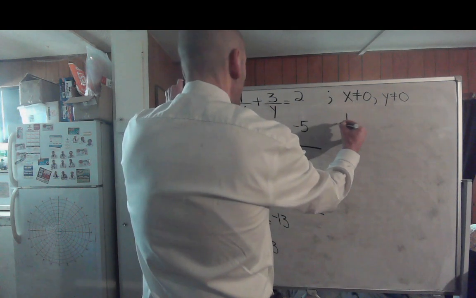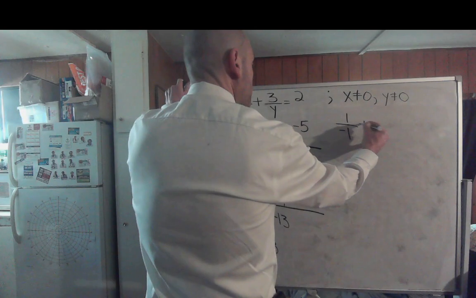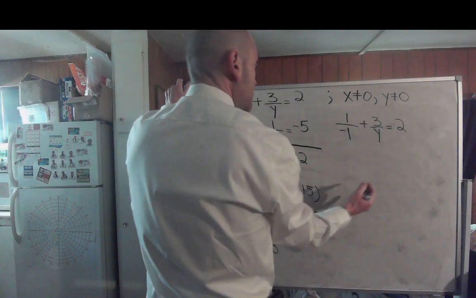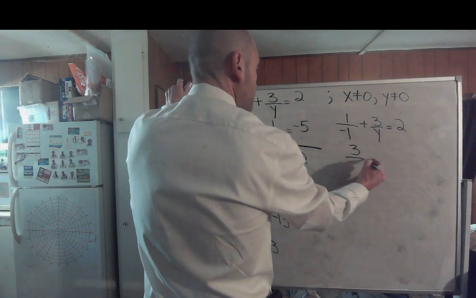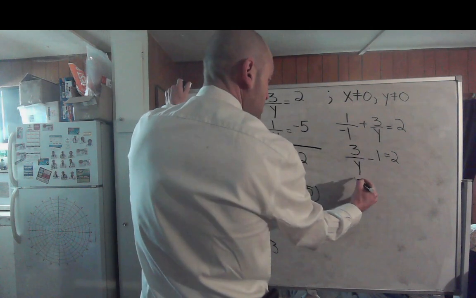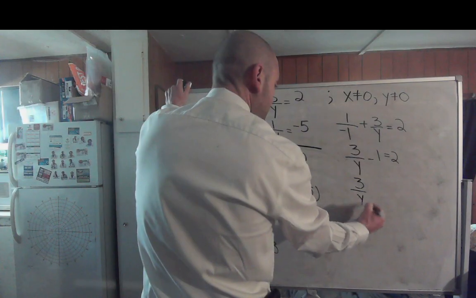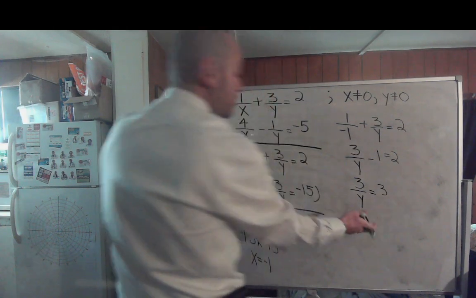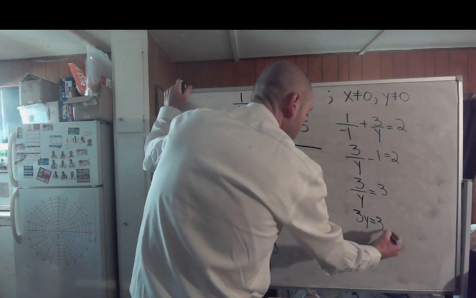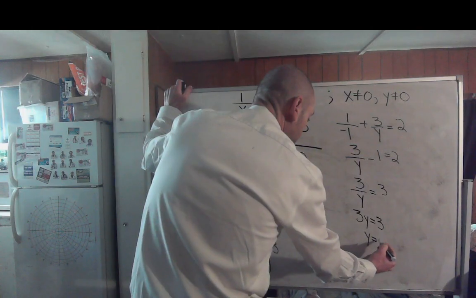So if I take 1 divided by negative 1 plus 3 over y equals 2, I would simply get 3 over y minus 1 equals 2, or 3 over y equals 3. Now if I cross multiply, I get 3y equals 3, and then y equals 1.